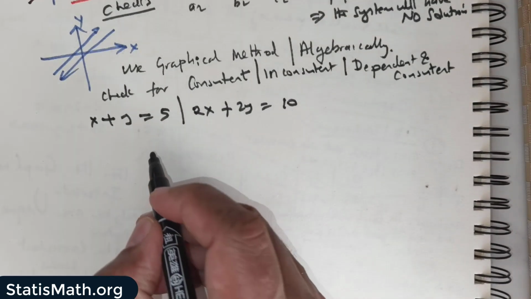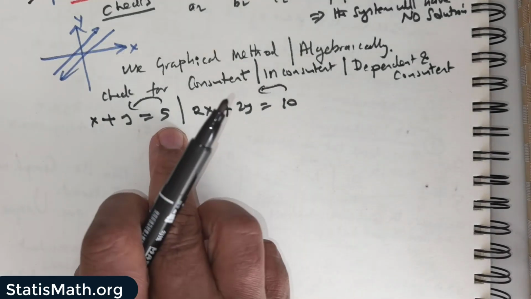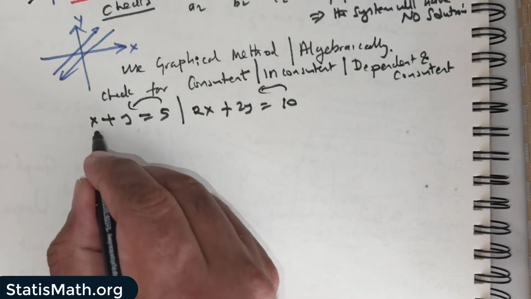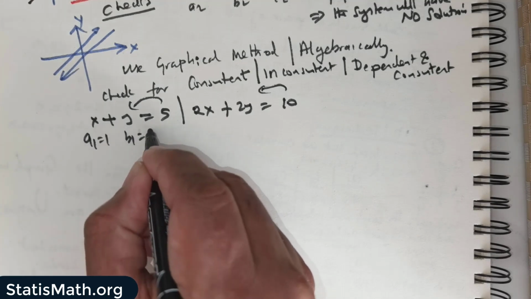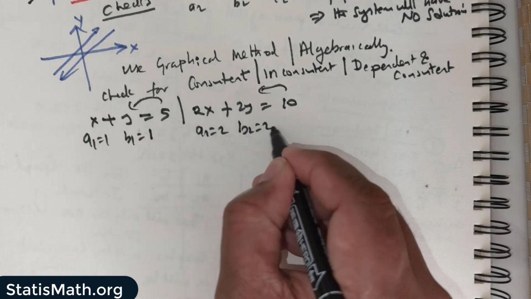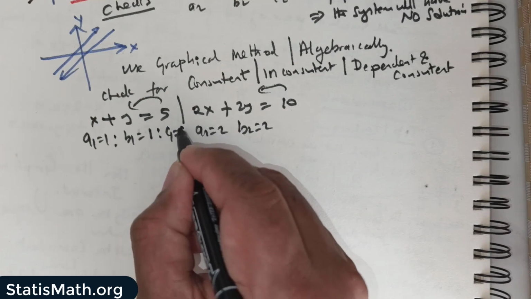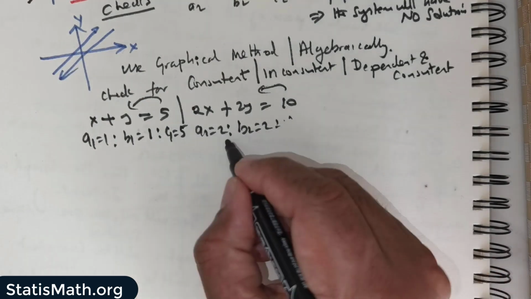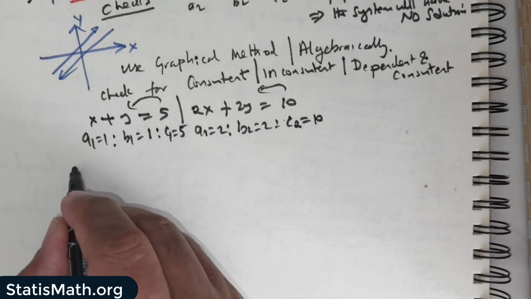What I would do is, you don't have to bring the constant to the other side. You can just leave the constant right where it is. So in this case, a1 = 1, b1 = 1, a2 = 2, b2 = 2. I should also write c1 = 5, and c2 = 10.